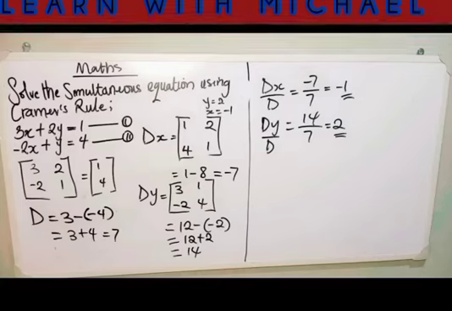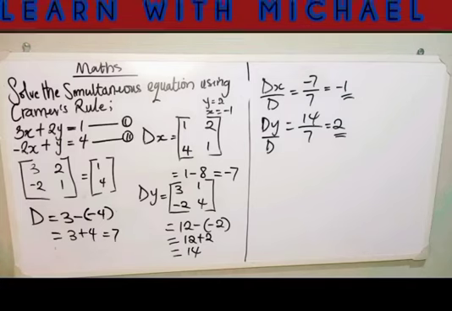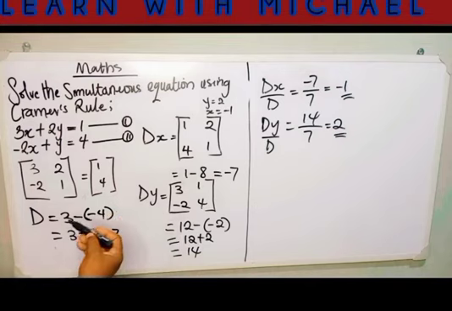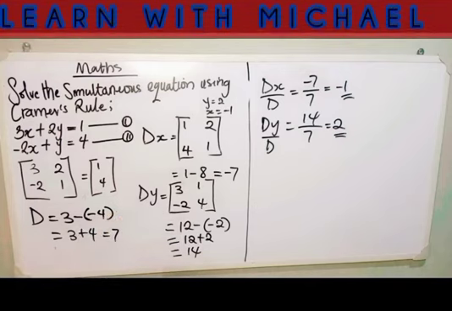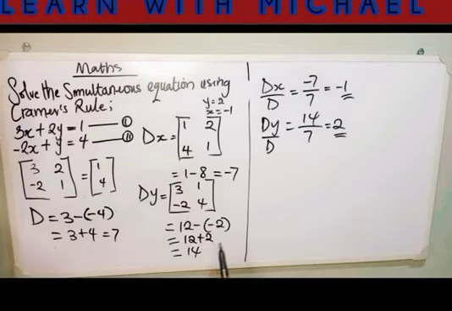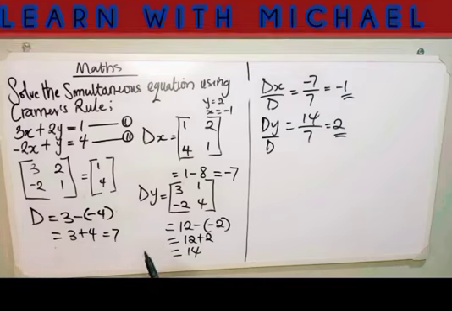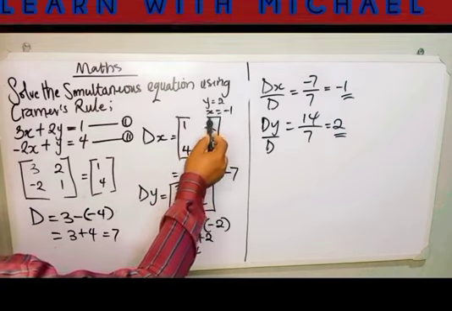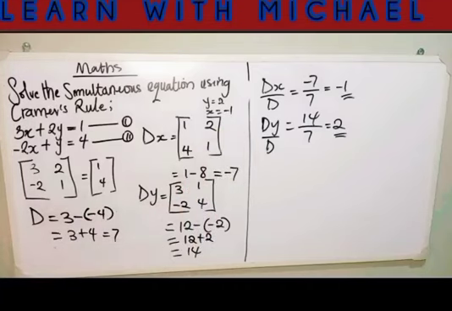But one thing I want to draw your attention to is the fact that you need to consider the values of the first equation we solved using substitution method. In the first instance, we used substitution method to solve this, right? And we got the value of y to be 2 and the value of x to be minus 1.